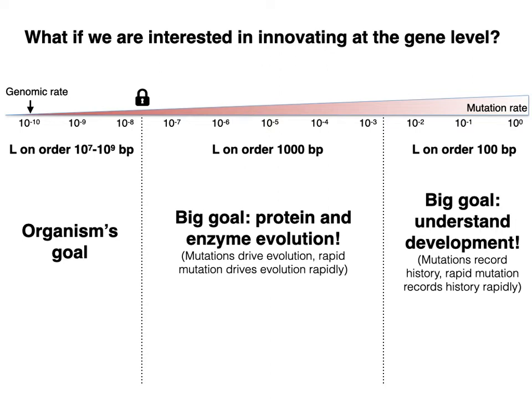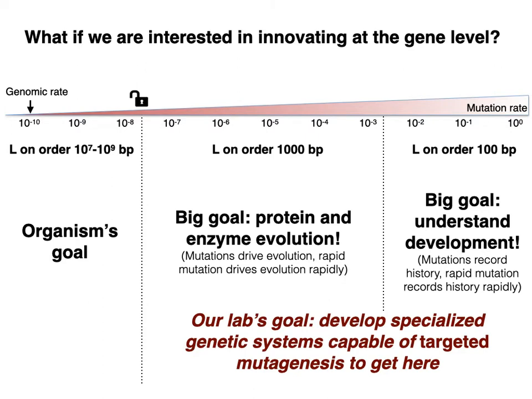In principle, you could do the same for cells in an animal and use mutations to map how cells are descended from each other, allowing you to understand development. To do that, however, you again need very high mutation rates so that you can see mutations in the read length of a sequencer. And of course, these high mutation rates are locked out by this 1/L threshold of the host cell's genome.